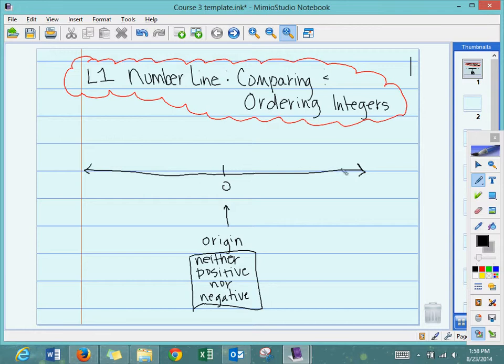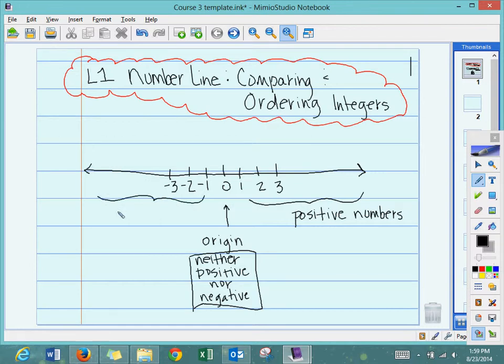If we wanted to number on the right hand side, we would put tick marks and go 1, 2, 3, and we would continue on forever. This side, on the right side, are the positive numbers, and on the left side we can make tick marks, and those would be -1, -2, -3, and that would continue forever.